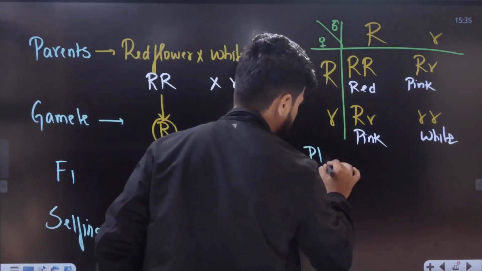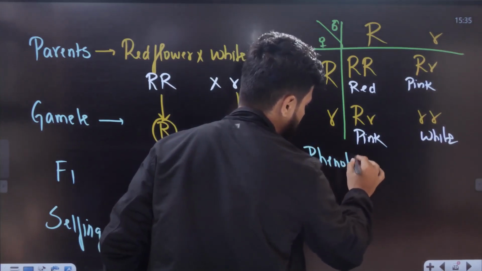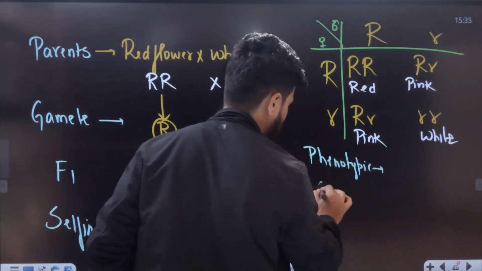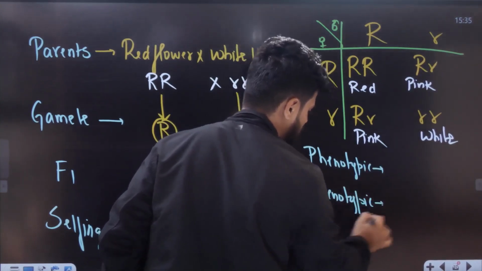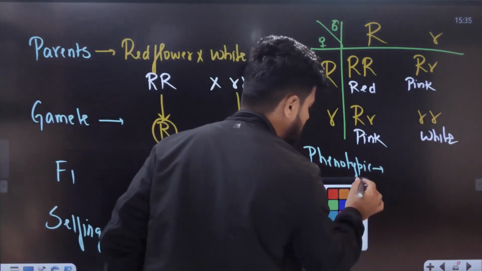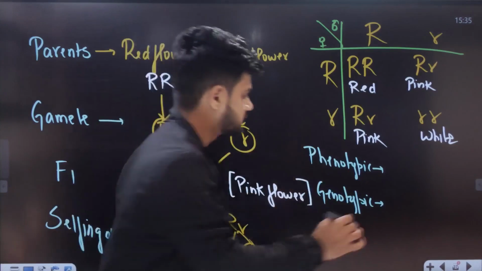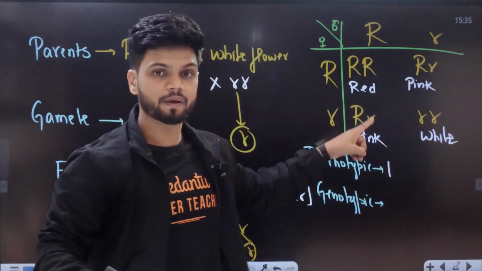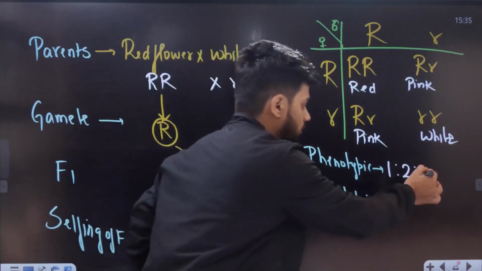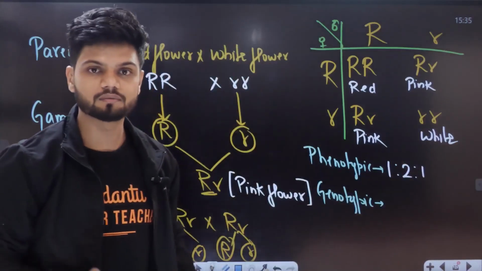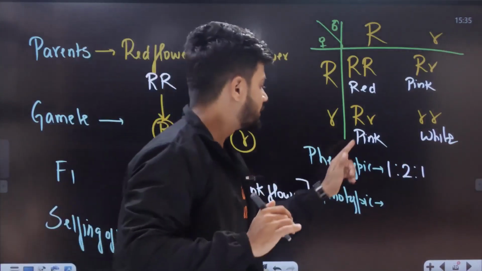Now, what is the phenotypic and genotypic ratio here? If you see here, one is red, two pink, and one white. 1:2:1.